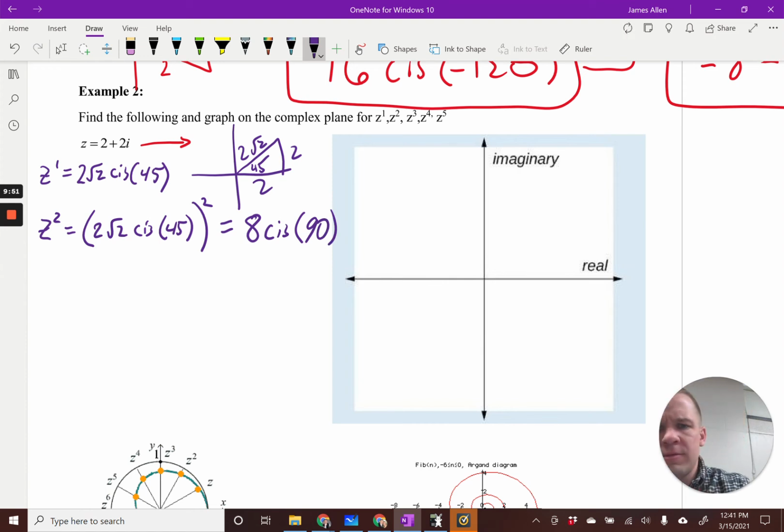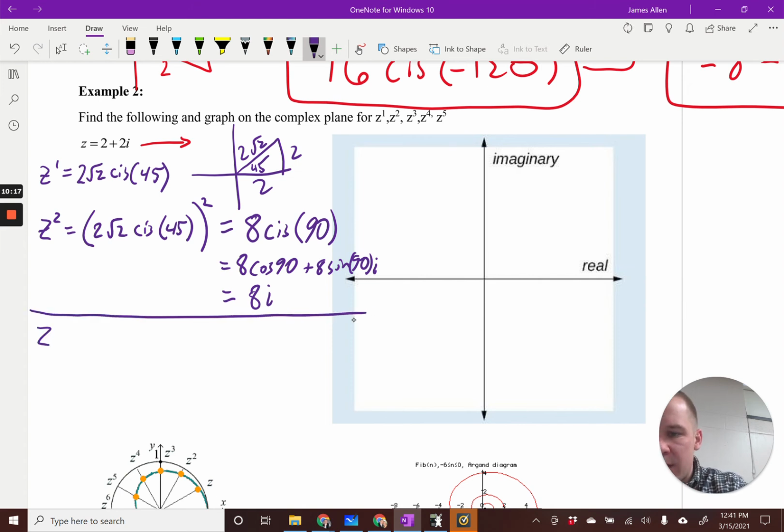I'm going to evaluate this: 8 cosine of 90 plus 8 sine of 90 i. Cosine of 90 is just 0, and sine of 90 is 1, so we get 8i. Okay, cool. So that's z squared.